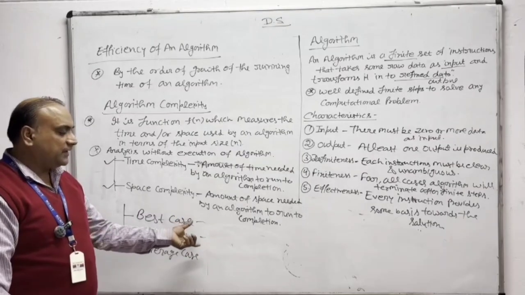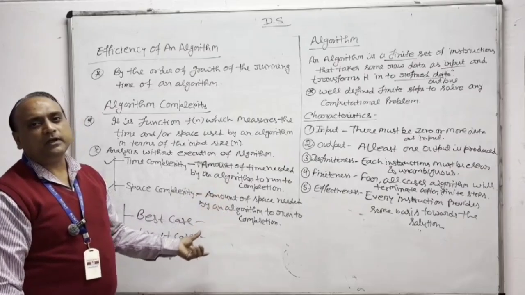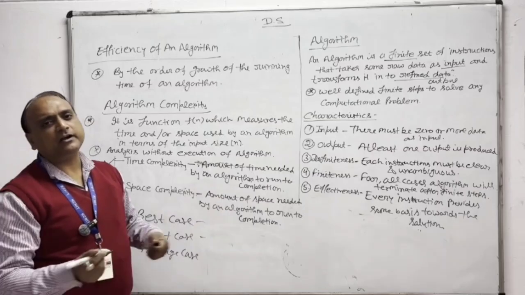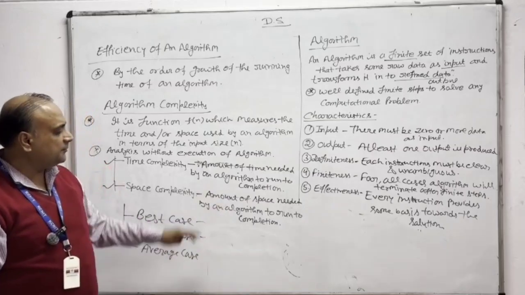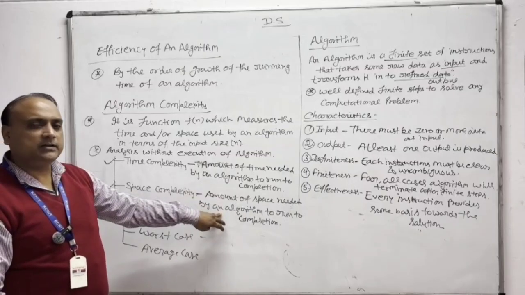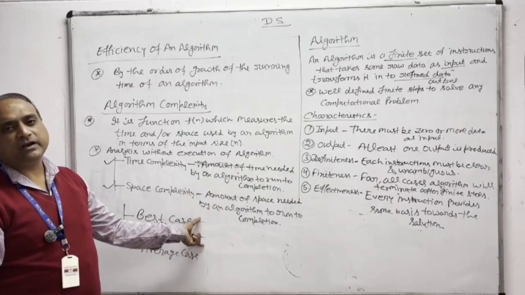In worst case, the maximum amount of time or space needed by an algorithm is its worst case. And in average case, we determine the average amount of time or space needed by an algorithm. We can easily calculate the average case by using the best and worst cases.